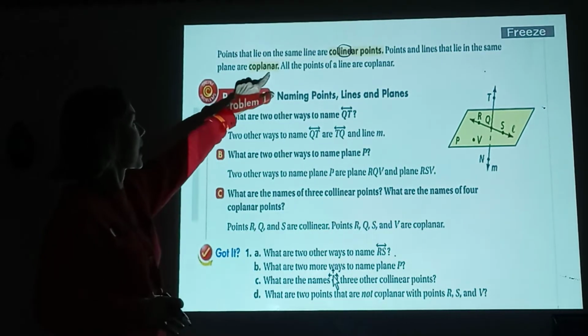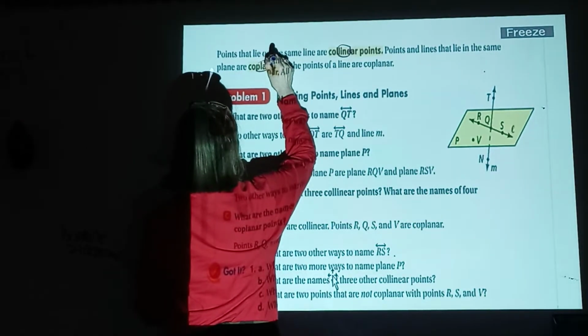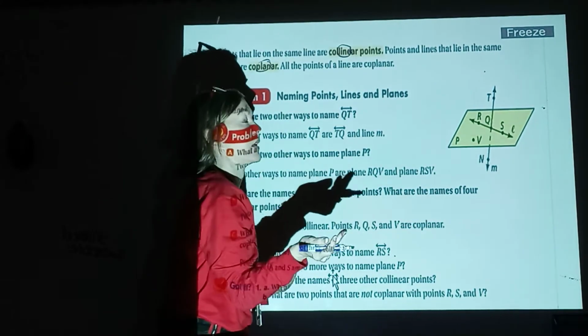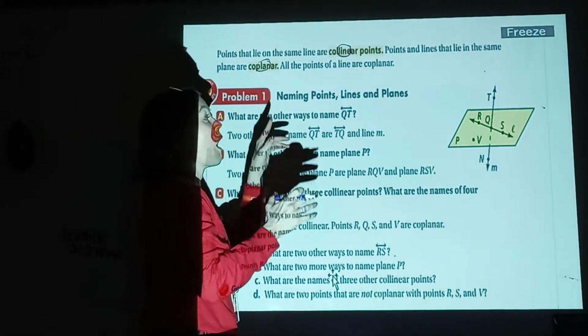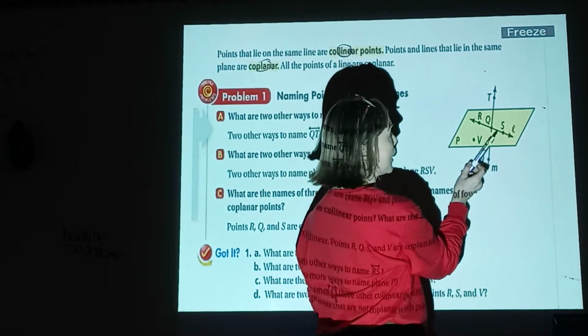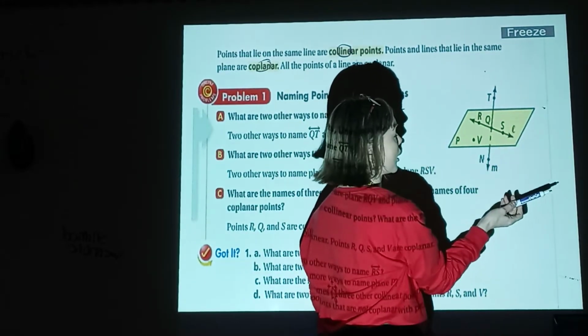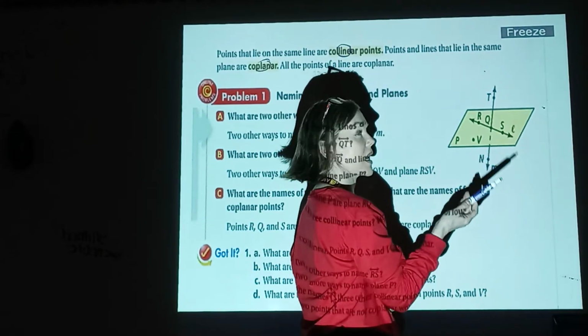Now, same as coplanar, circle the word plan, okay? Circle the word plan. Coplanar, points that are coplanar are points that are on the same plane. So here we have an example that we're going to go over, but you can clearly see that points R, Q, and S are on the same line.